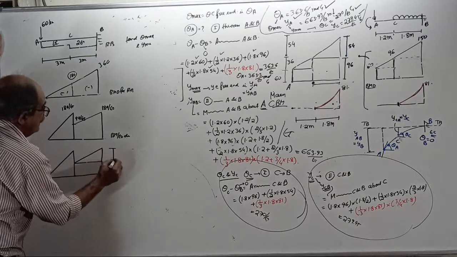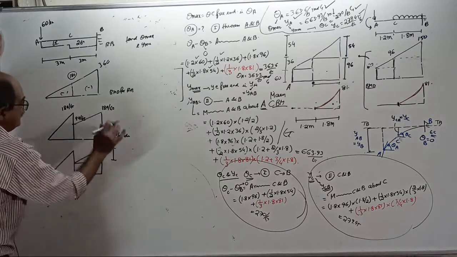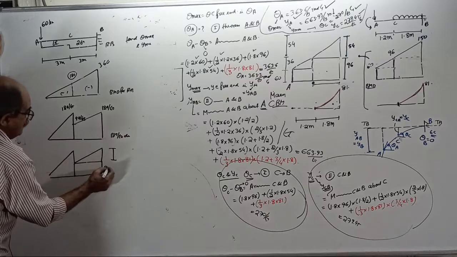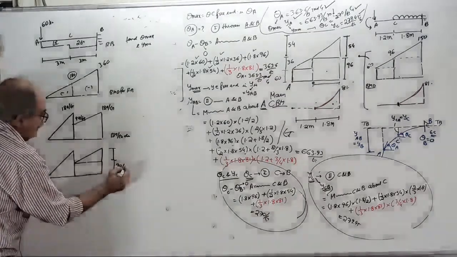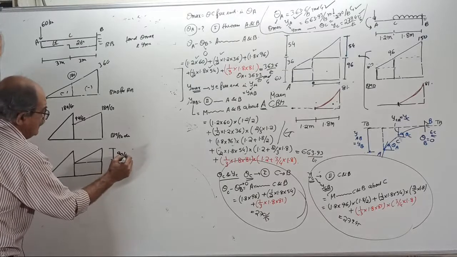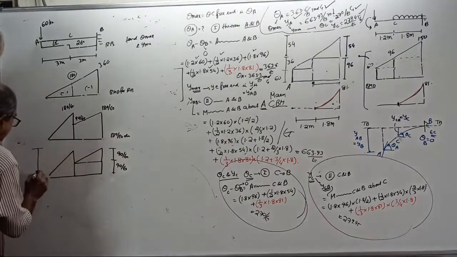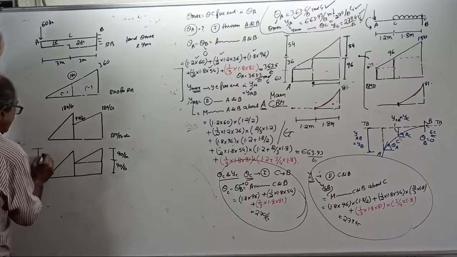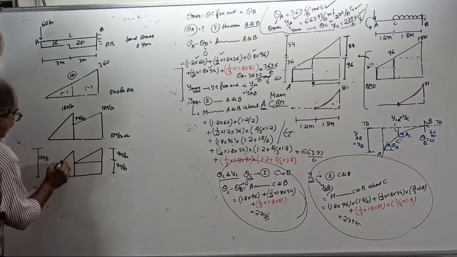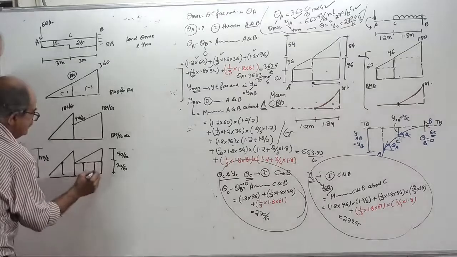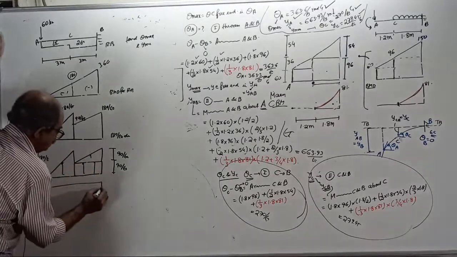This ordinate is 90 by EI, this also becomes 90 by EI, and this full height is 180 by EI. Since the moment is negative, everything is loaded upward. This is your conjugate beam.